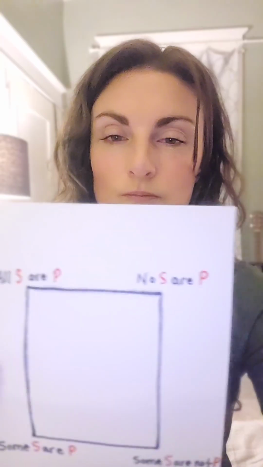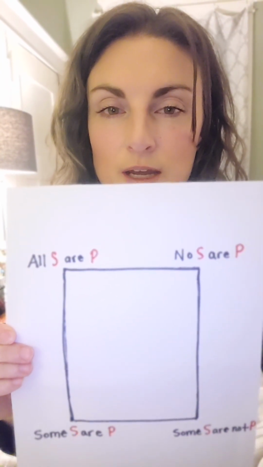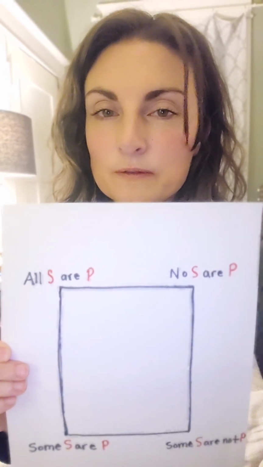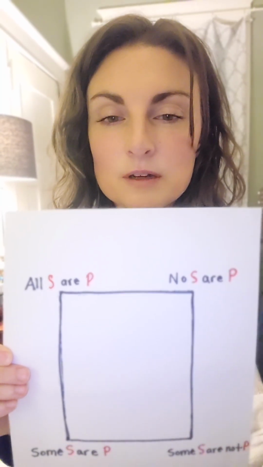The ones that can switch the subject and the predicate and be a logical equivalence are, if we go back to this here, the no S are P and some S are P. These are the only types of statements where you can switch the predicate with the subject and vice versa, and they still imply one another. They're equivalent.